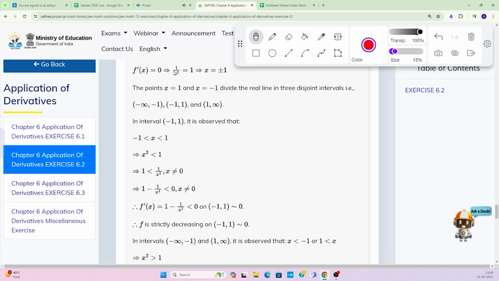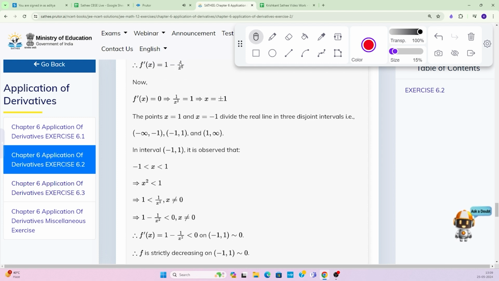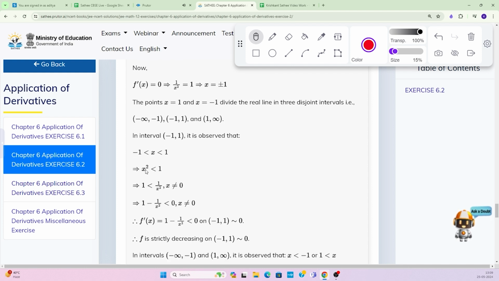In the -1 to 1 interval, what will f prime be? If x belongs to -1 to 1, then x square will be positive but less than 1.